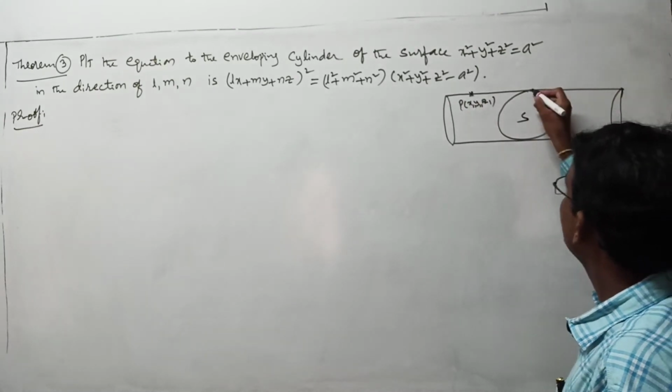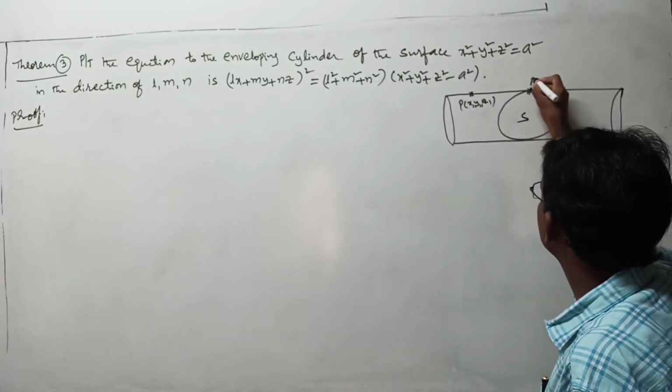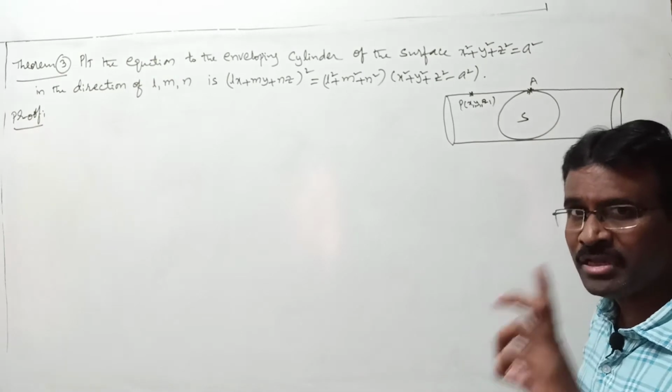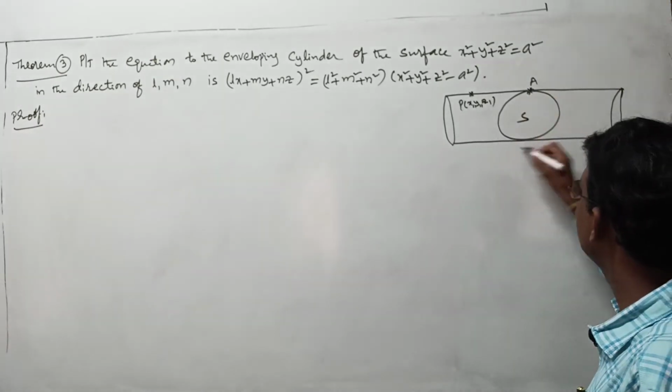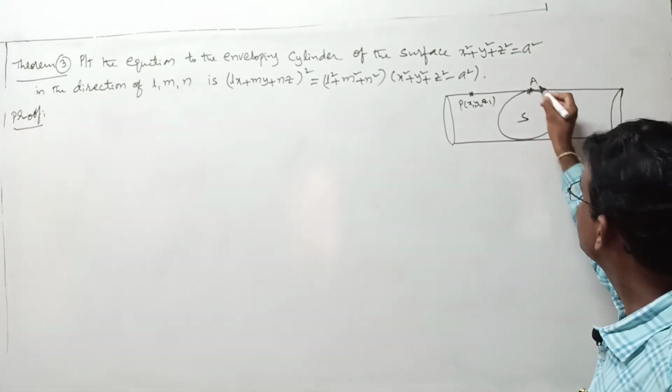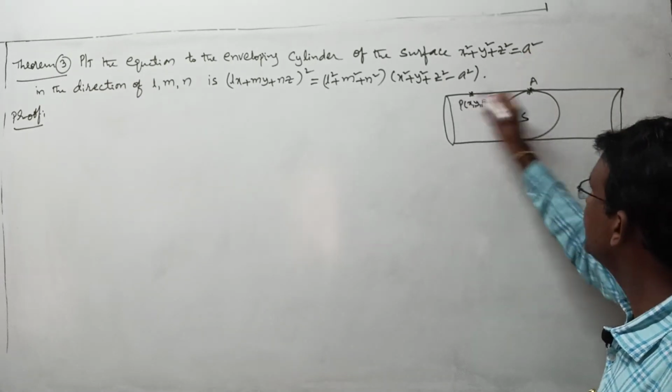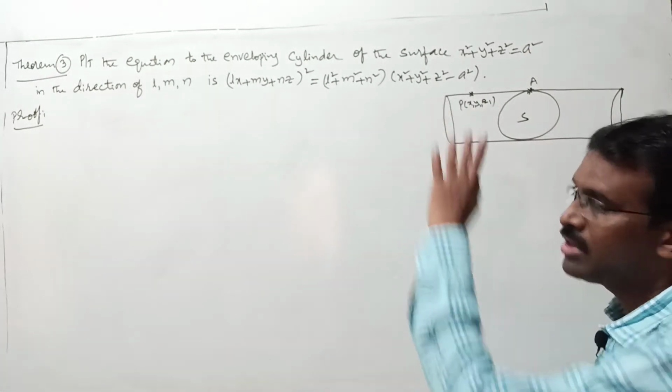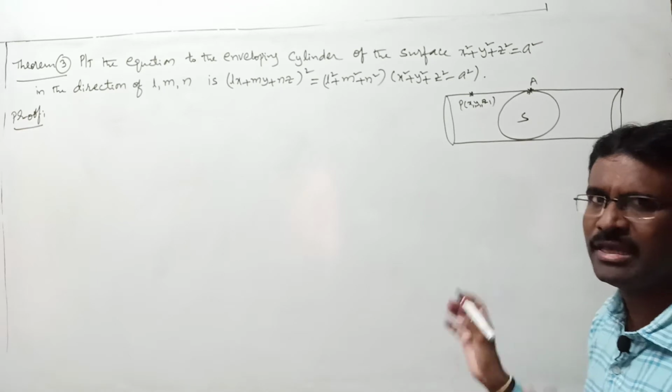I take that general point as some capital A. Is it on the given sphere or not? Substitute that general point in the sphere and then use the touching condition, you get your required result, right? Just roughly I explained.